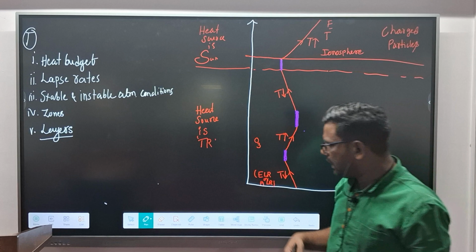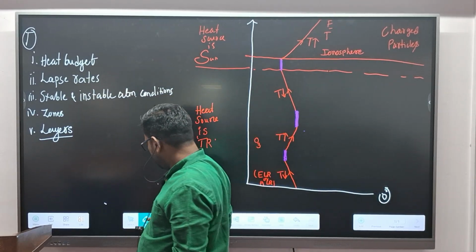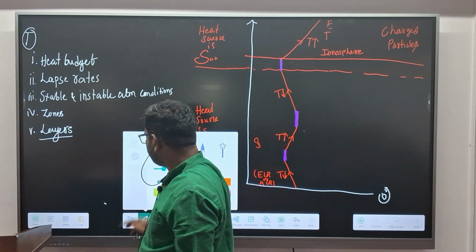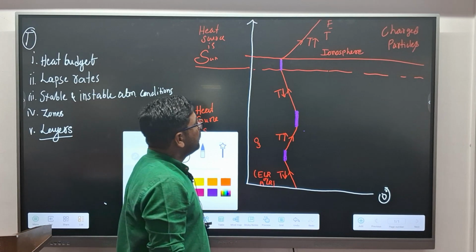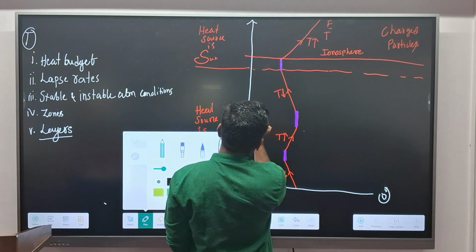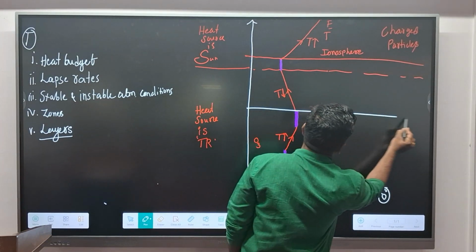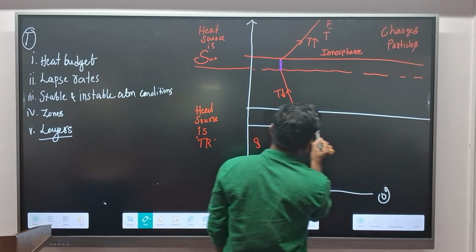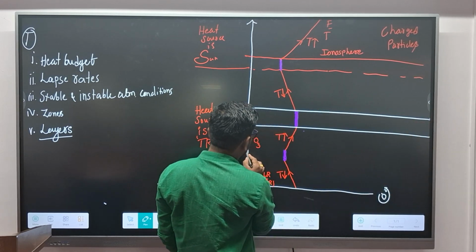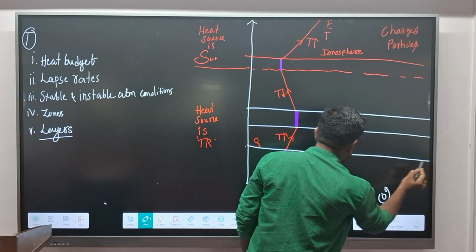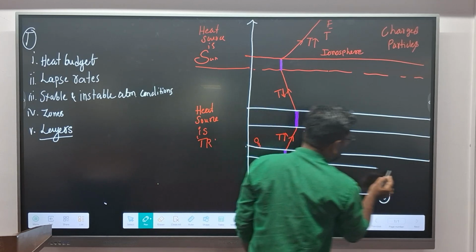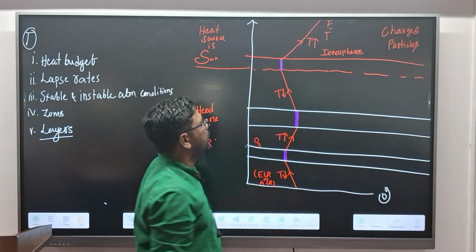You can see directly it is outside. Right? And similarly you can say these are transitional zones, right?